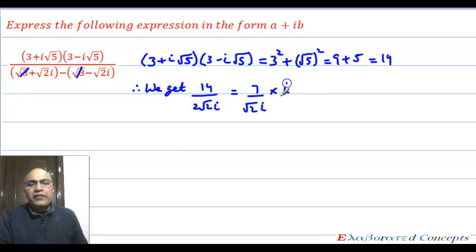Now multiplying and dividing by iota, we get 7 iota upon minus root 2, so we get minus 7 upon root 2 iota.